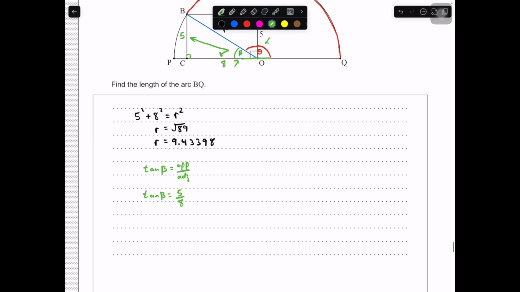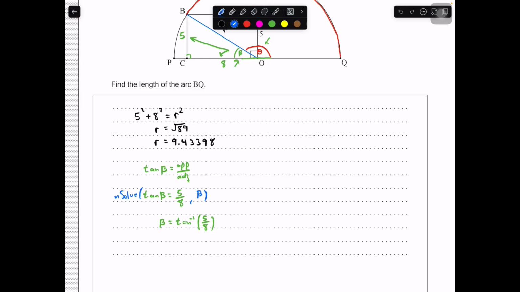Now we can go ahead and use tan inverse. Beta is equal to tan inverse 5 over 8. And that will allow us to solve it, but of course, if you want, you can also just end solve this, and then use something else besides beta, like x or something like that.